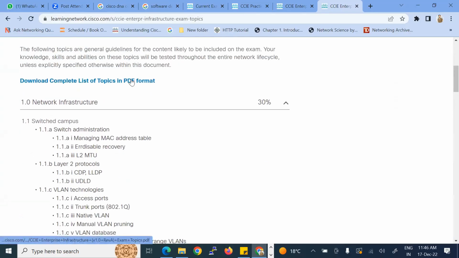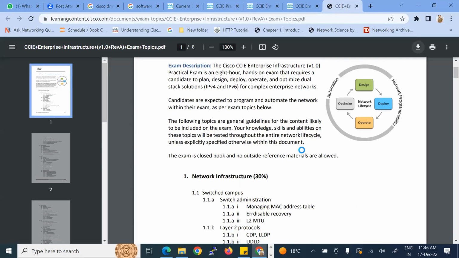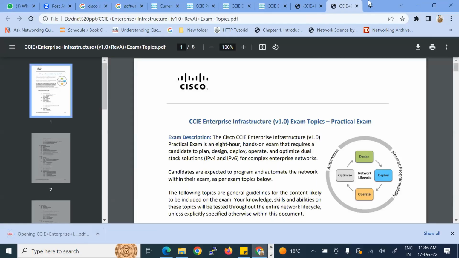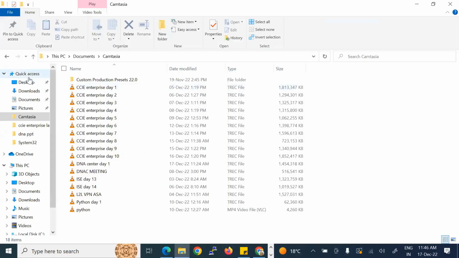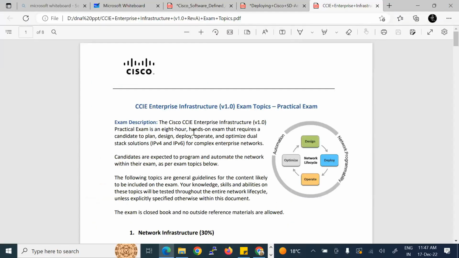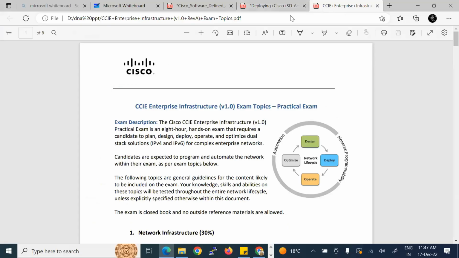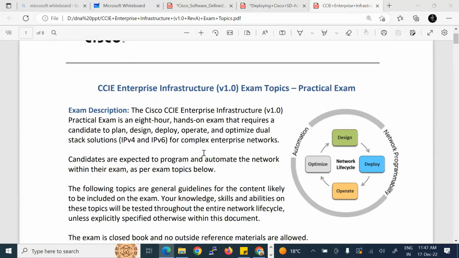So let me download this. Now you can see it, right? CCIE Enterprise version 1 lab exam.